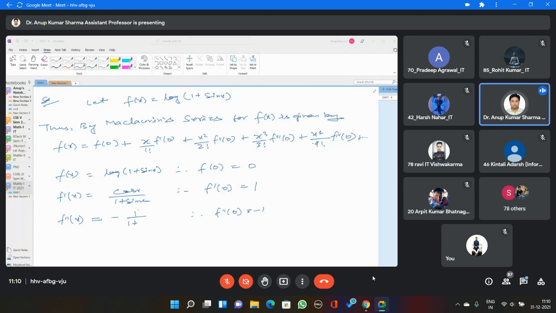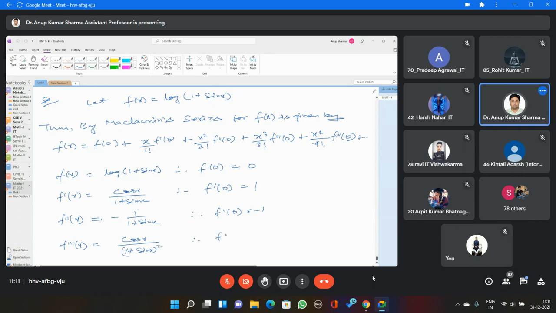Pradeep Agarwal, you said sin x triple dash of x, cos x upon 1 plus sin x whole square.